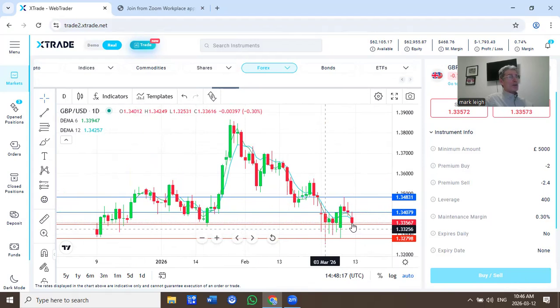We'll see if dollar buyers selling pound, buying US can break below this and maintain below this level, or if we're going to get a bounce again from strong to weak US dollar, and buying pound, selling US bounces up off this support level and looks back up at the 134.